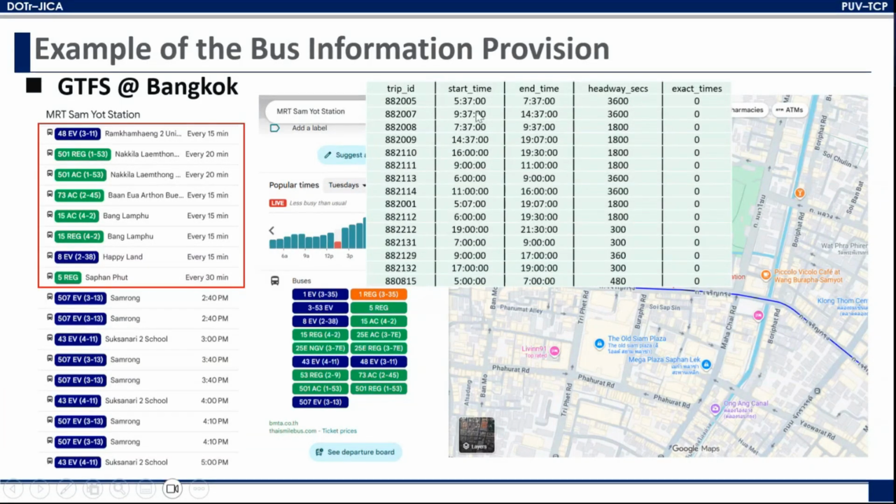So, for example, during this time slot the headway is 30, 600 seconds. Such information is displayed for this route.